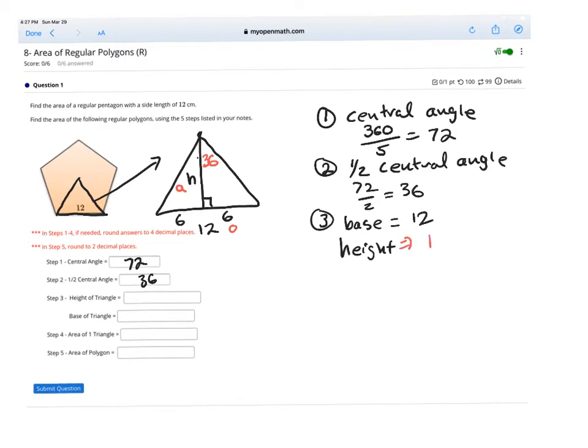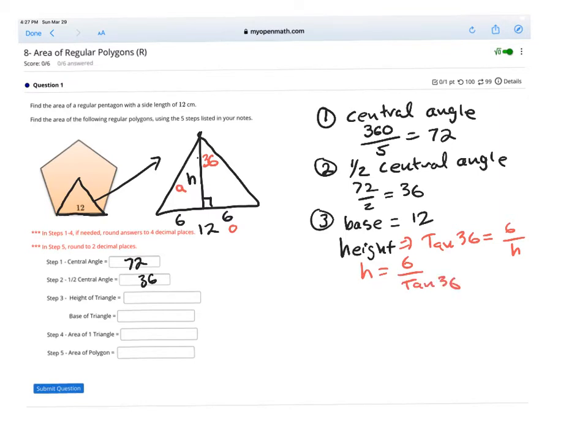So my equation is going to be the tangent of 36 is equal to the opposite side over the adjacent side, or 6 over h, which is the height of my triangle. This is a division problem, so h is going to equal... whoops, made a little mistake there. We'll erase that. It equals 6 divided by the tangent of 36.